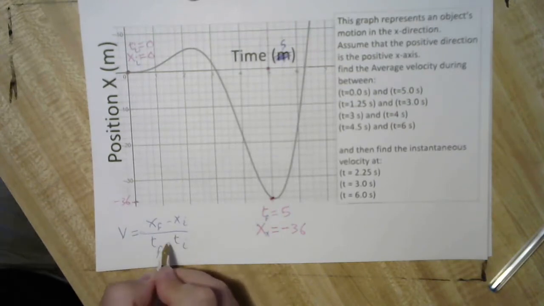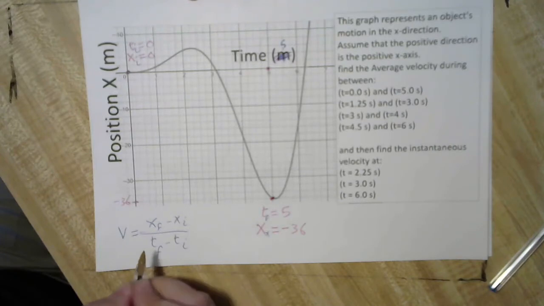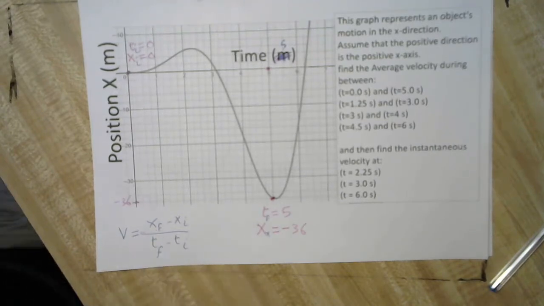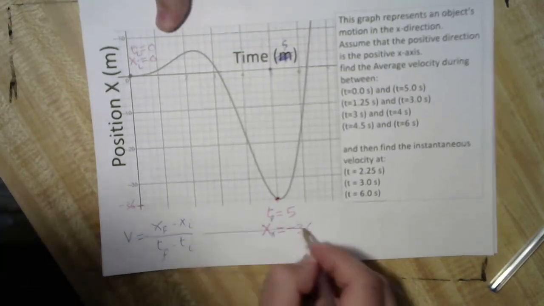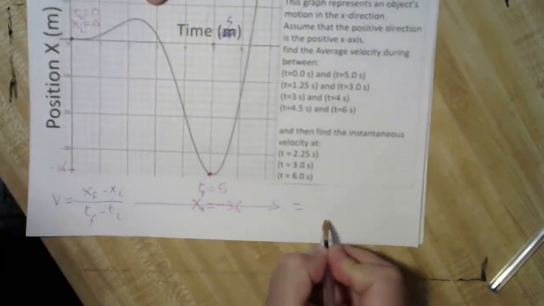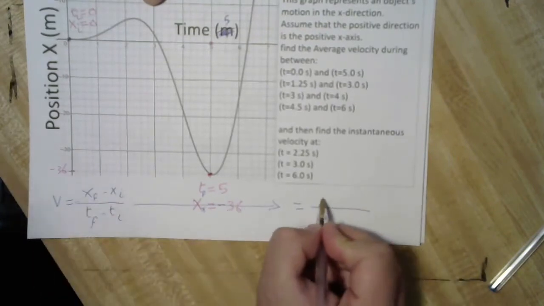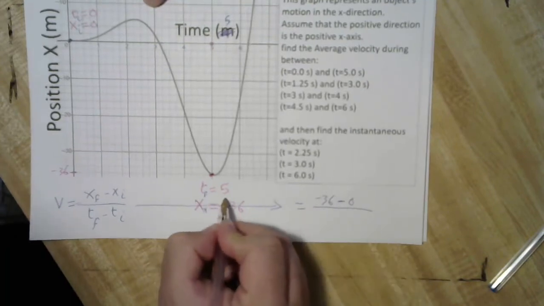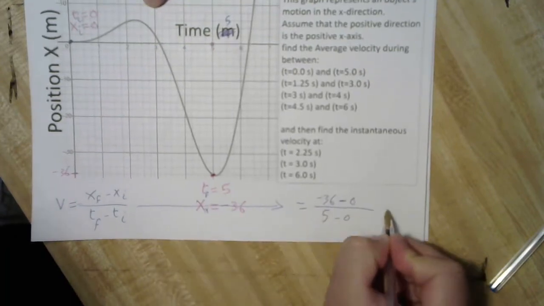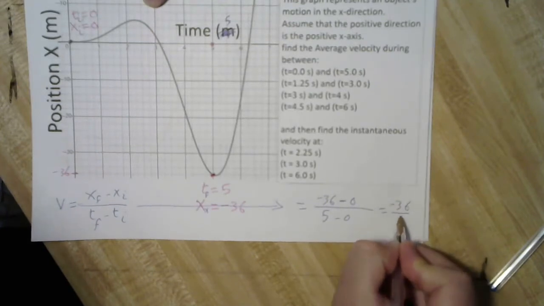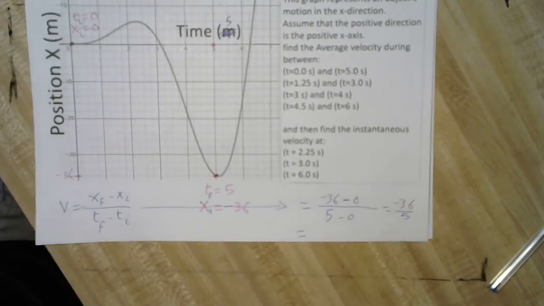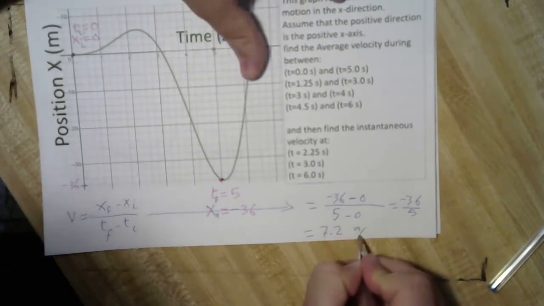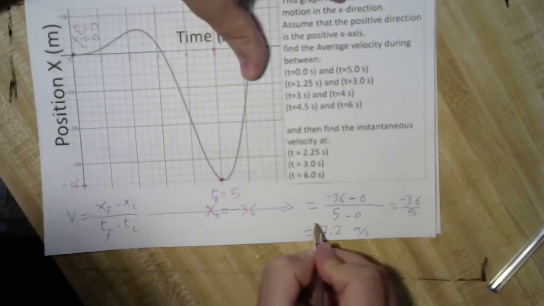From where I reach this formula, I know that the rate of change of position is the velocity, which is equal to minus 36 minus 0 divided by 5 minus 0, which is equal to minus 36 over 5, which is equal to 7.2 meters per second, but with a minus sign.